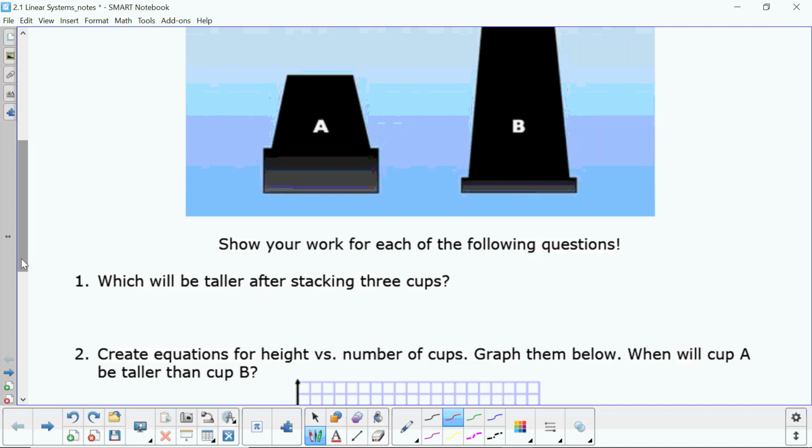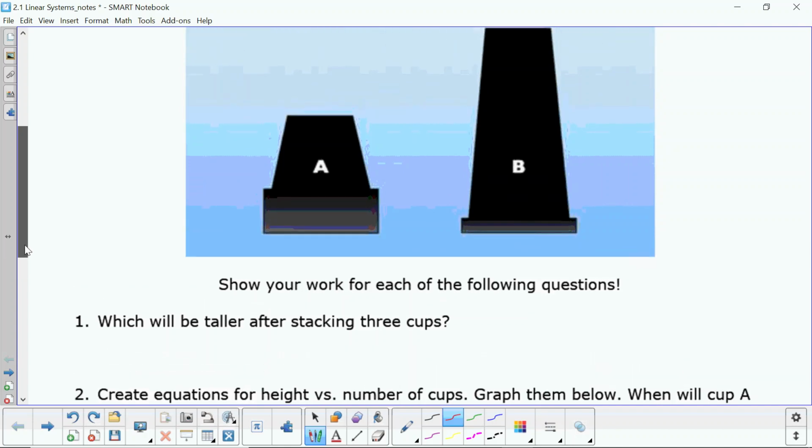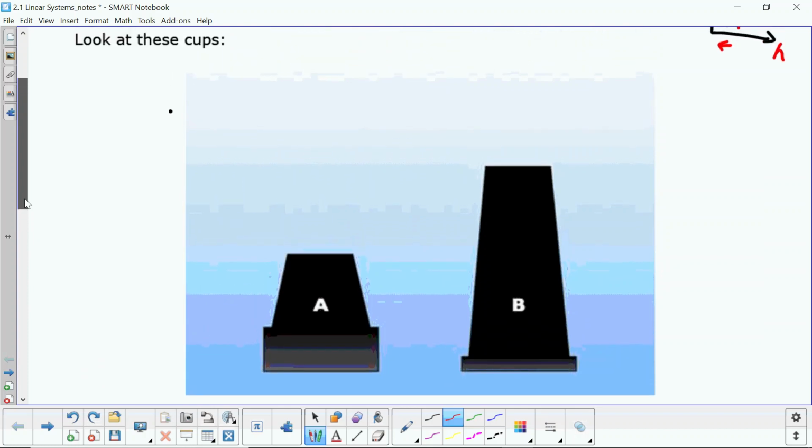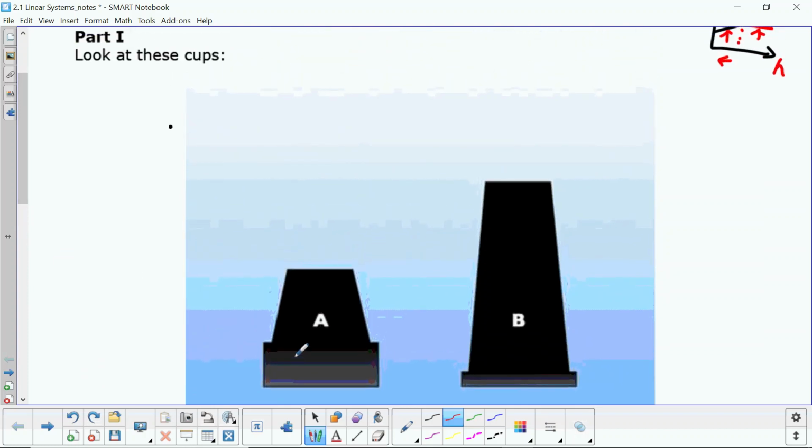So today we are going to do an investigation about stacking cups. And if we stack up this way, then we add another one above it. You will see, you will have this one here, then go up.